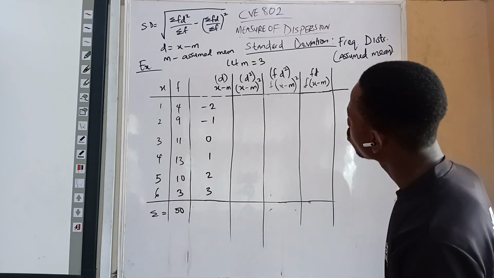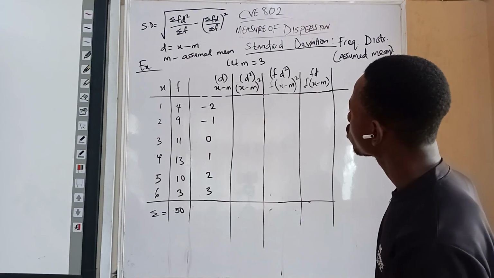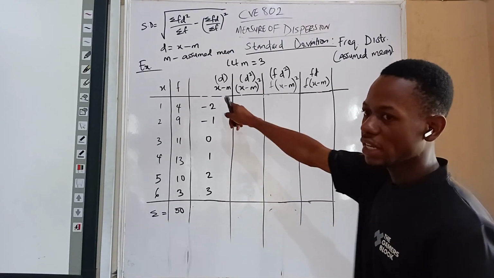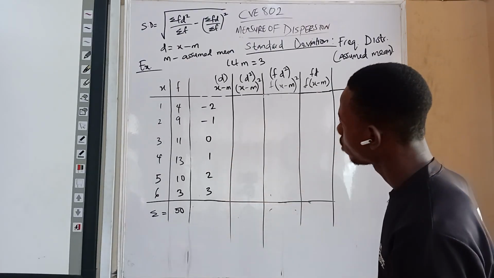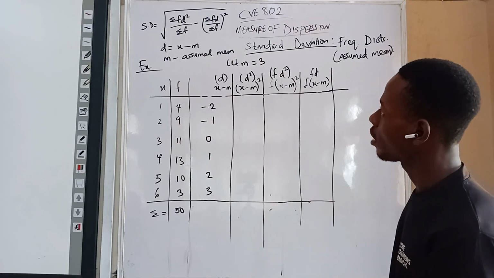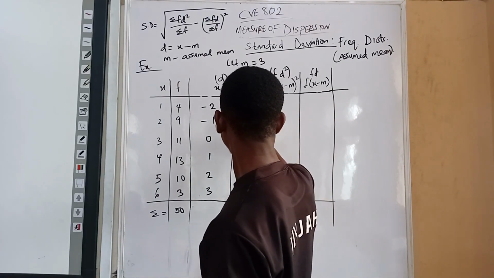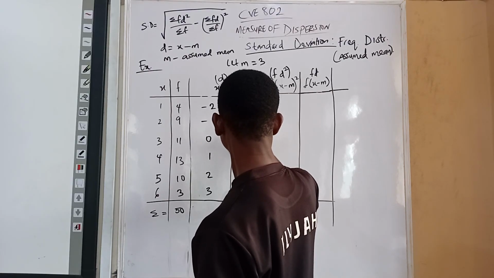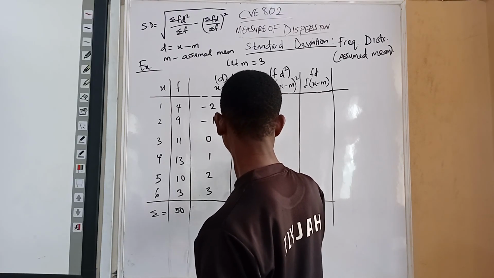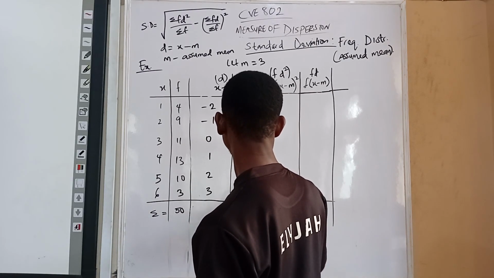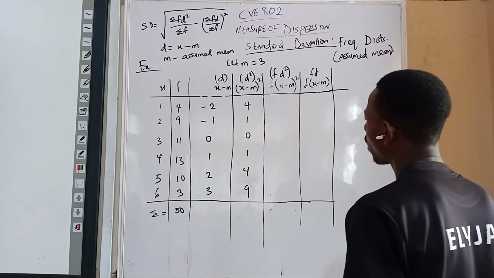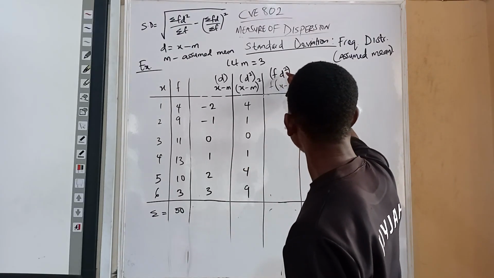The next thing is to find the square of that deviation, now that we are using the assumed mean. So this one is 4, 1, 0, 1, 4, 9.